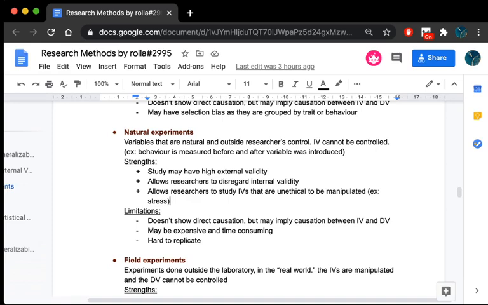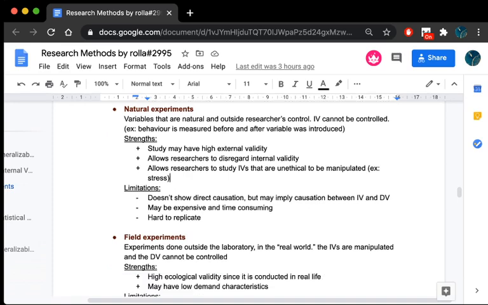But it allows researchers to disregard internal validities that happen when the lockdown happens. And since these are once-in-a-lifetime kind of things, if you get stressed under a lockdown situation where you have to stay home all day, the researchers can observe this, and that would be fine because they didn't cause this to happen, and they cannot cause this to happen, since it would be unethical to do so.